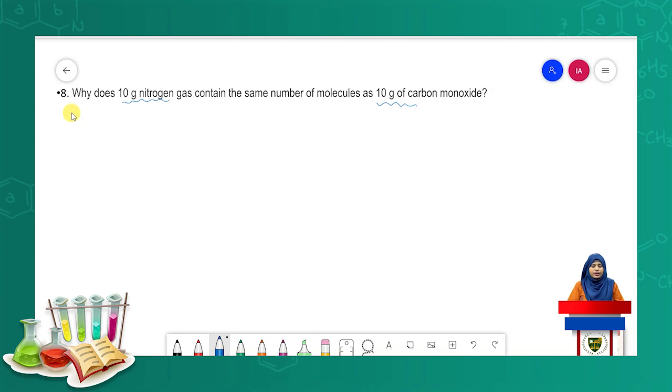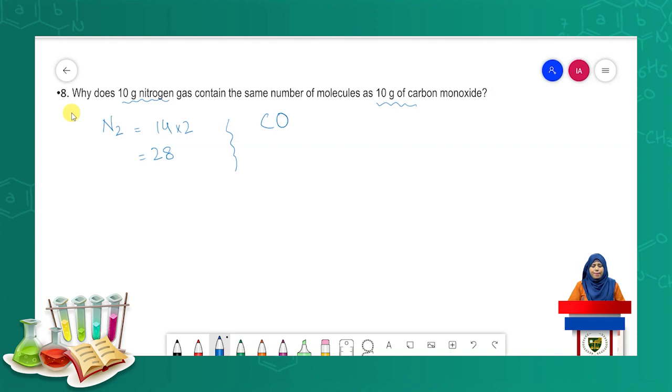So if we look at nitrogen gas, तो nitrogen gas का molar mass calculate करते हैं. Its formula is N2. इसका मतलब 14 multiplied by 2. This is going to be its molar mass, which is equal to 28. इसी तरह अगर बात करें कार्बन मोनोऑक्साइड की, its formula is CO, 1 atom of carbon and 1 atom of oxygen.